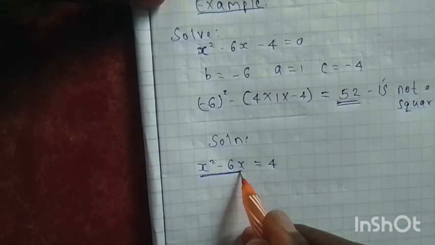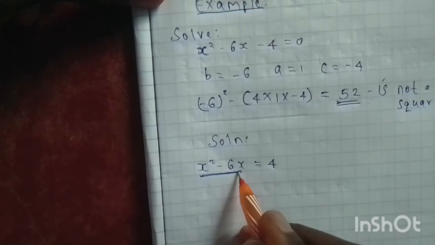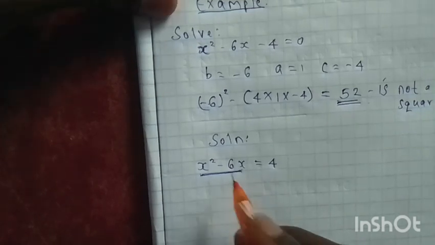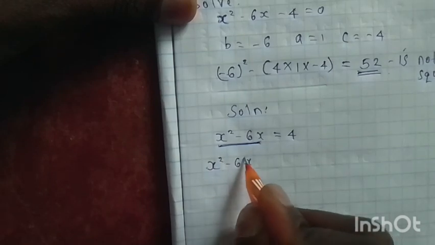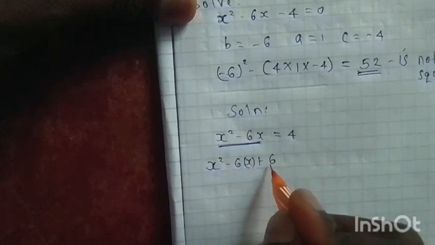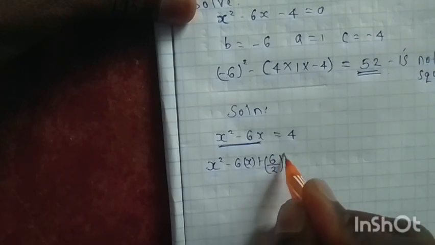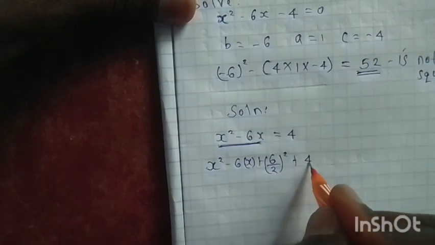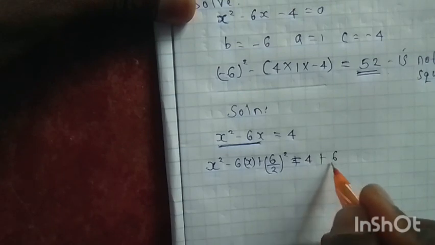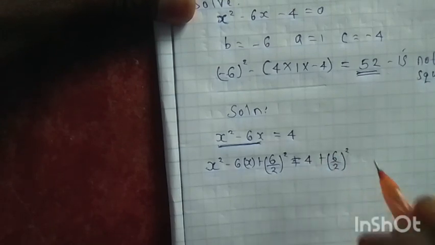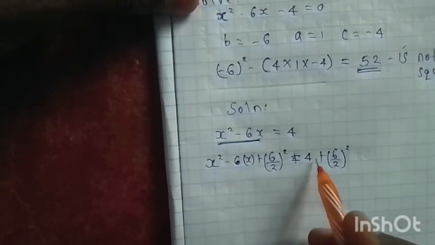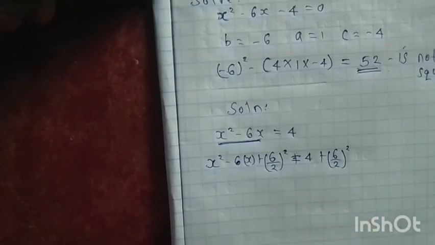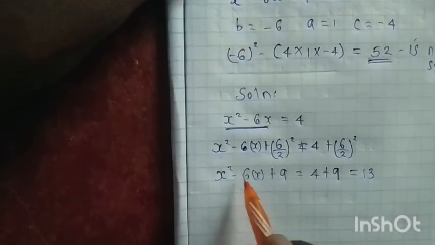Therefore, for us to factorize this equation into simple factors, we need to add half b, the square of half b, to both sides of the equation. That is the first step. So clearly we have it this way.